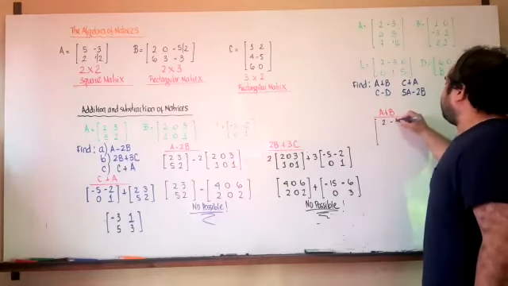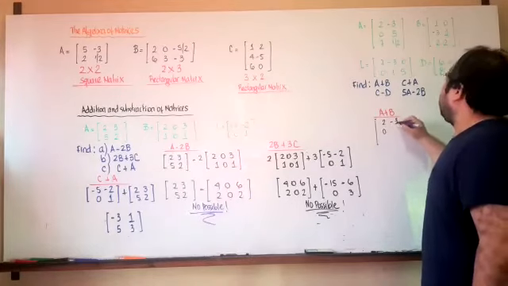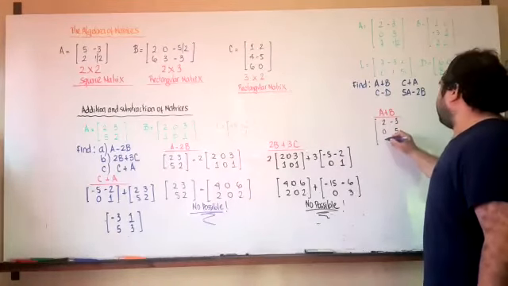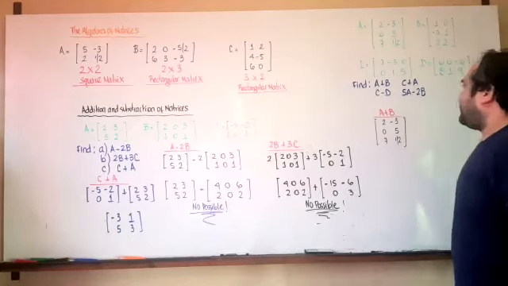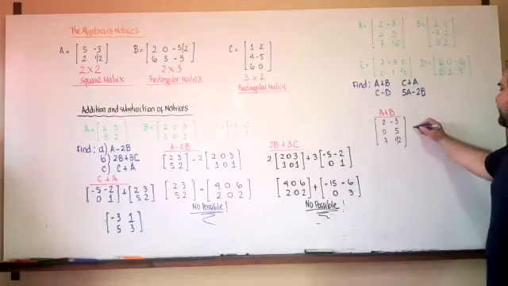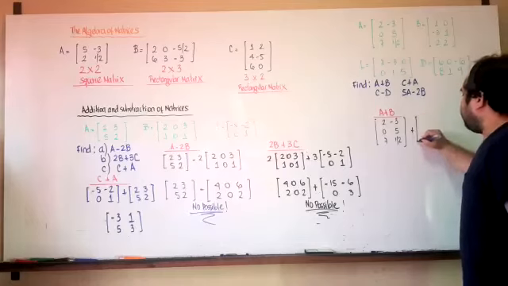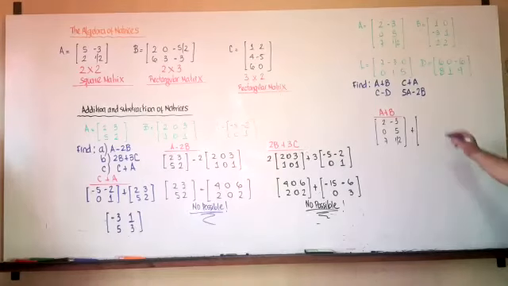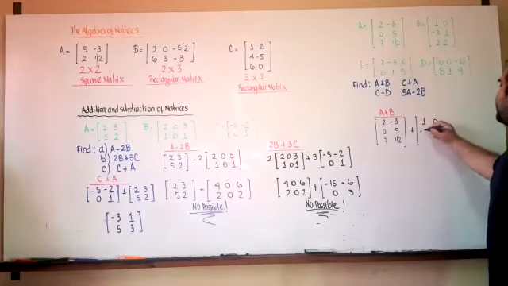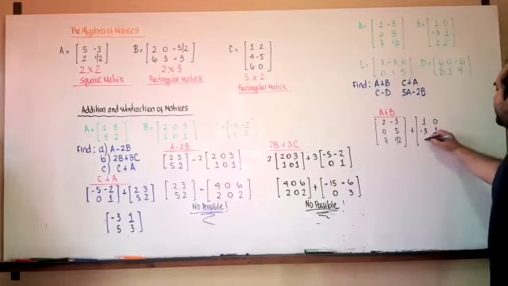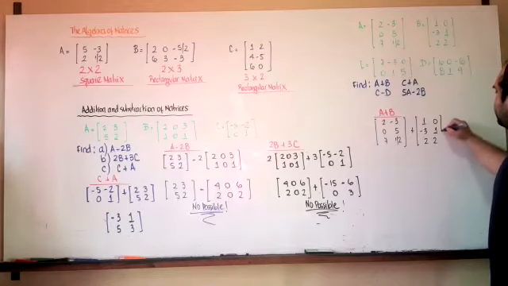Matrix A is 2, minus 3, 0, 5, 7, 1.5, plus matrix B. Matrix B is 1, 0, -3, 1, 2, and 2.